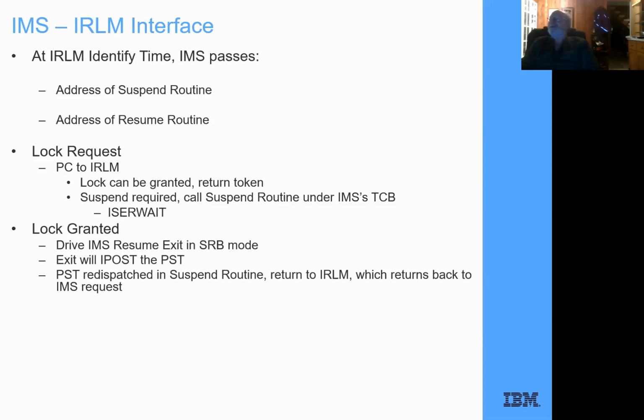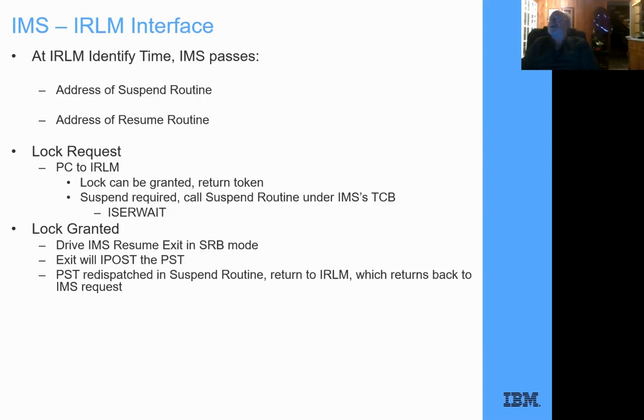If the lock can't be granted and a suspend is required, then the suspend routine is called under the IMS dependent region's TCB. So the TCB program calls to IRLM, and IRLM checks to see if it can give you the lock. If it can't, it branches into the IMS suspend routine, and the suspend routine does an IMS dispatcher service call and an ISR wait.